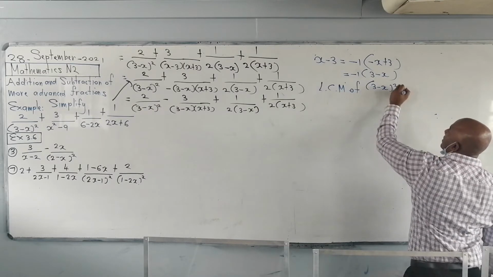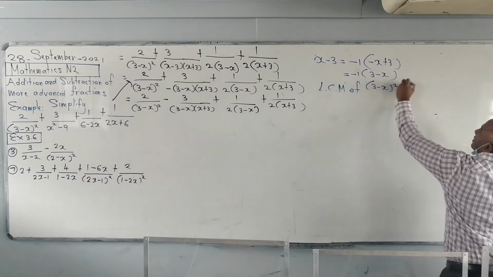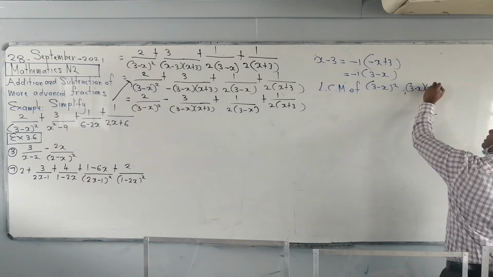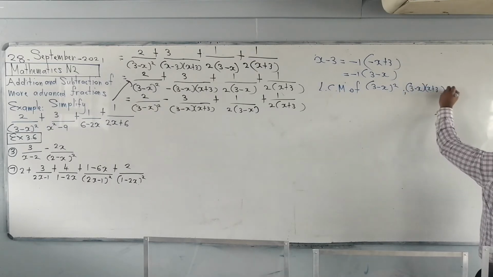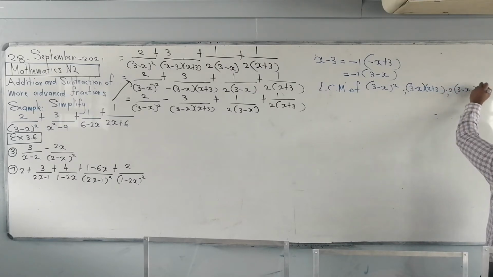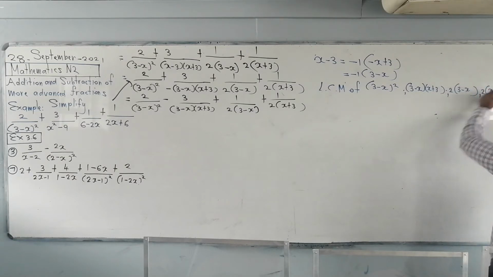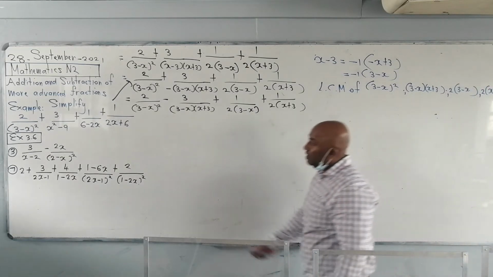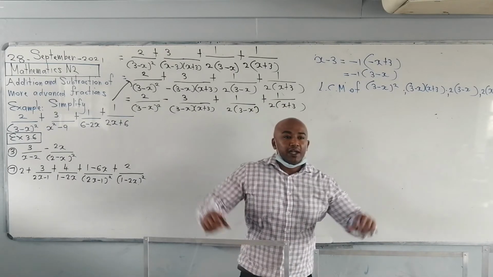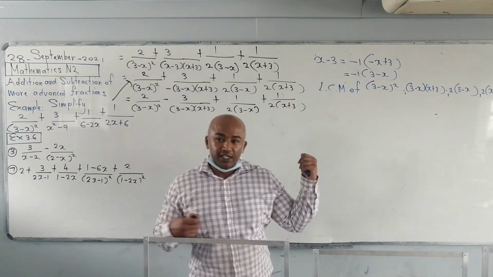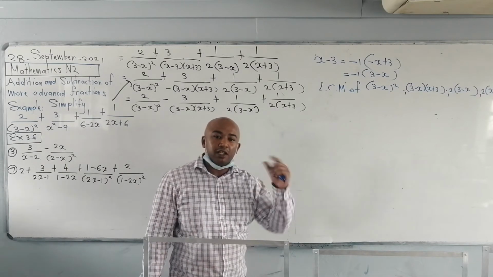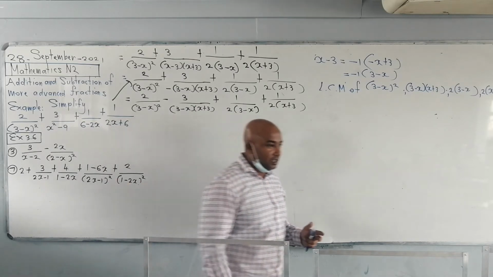Then we have, let me just write it in one line here, 3 minus x, x plus 3, and then we have 2 times 3 minus x, and then we have 2 times x plus 3. Right, so we got these 4 denominators: 1, 2, 3, 4. We want the lowest common multiple of the denominators. That's what the LCD means. Lowest common denominator means the lowest common multiple of all denominators.